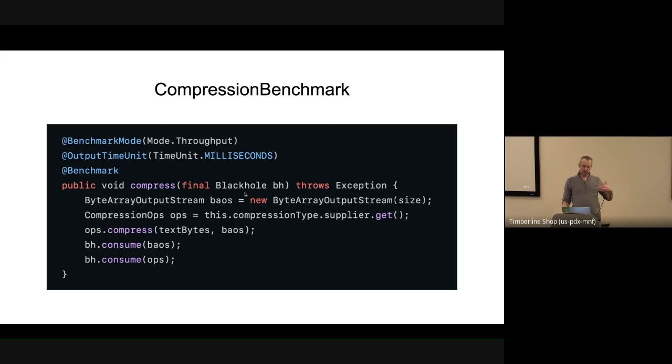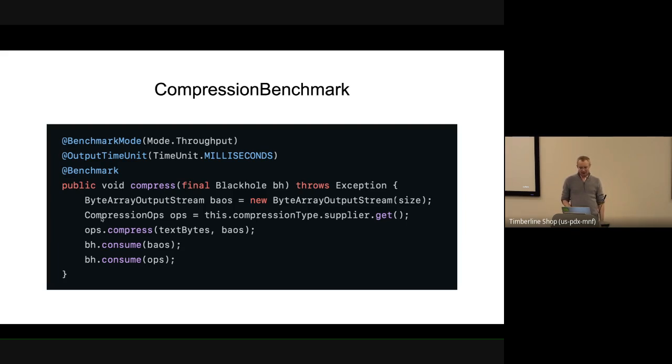So JMH is invoking this method because it has the benchmark annotation. And all this does is set up an output stream. And then I look at what the compression type was. Maybe it's gzip. And I'm asking it to give me, this is an interface called compression operations.